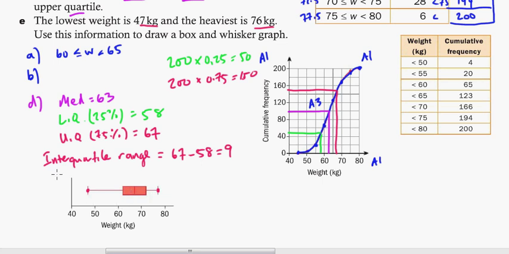Okay, but this is a good learning opportunity, actually. I'm doing this out of a textbook. You would think their thing would be correct, but it's not. Okay, so lower quartile is 58, so that's going to be about right here. Okay, and the median is 63, so 63 is going to be maybe about right here. And then the upper quartile is 67, which would be right here.